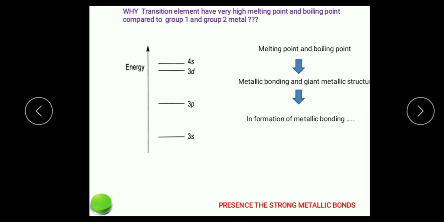You know that we must look at the bonding and the structure. So it's metallic bonding and giant metallic structure.